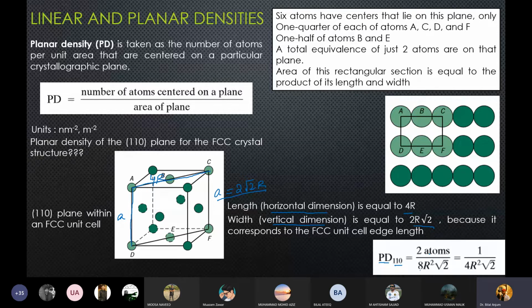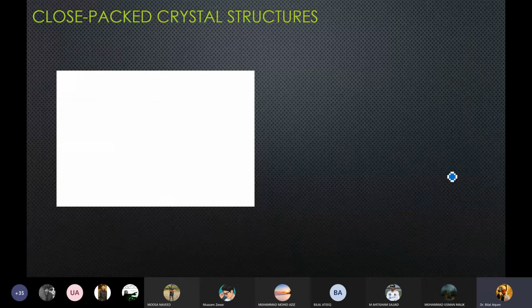All right. Moving on towards the last concept of how the stacking sequence is situated within the crystal structures, we know that the closest packed structures are FCC and HCP, both having the atomic packing factor of 0.74.